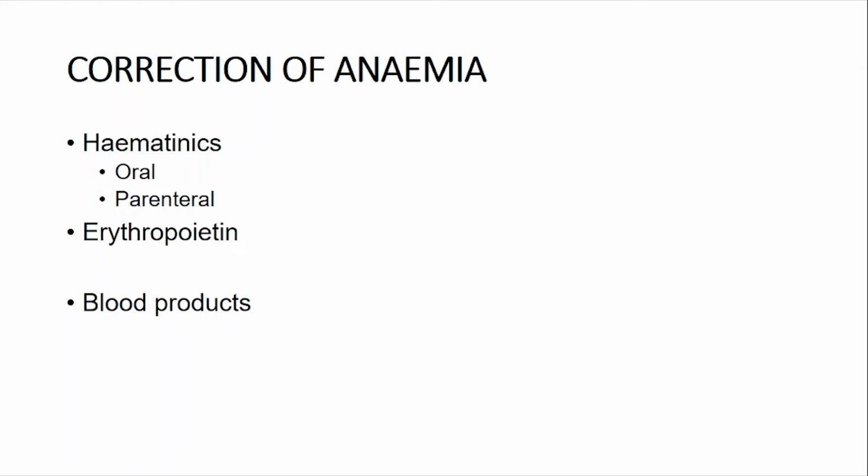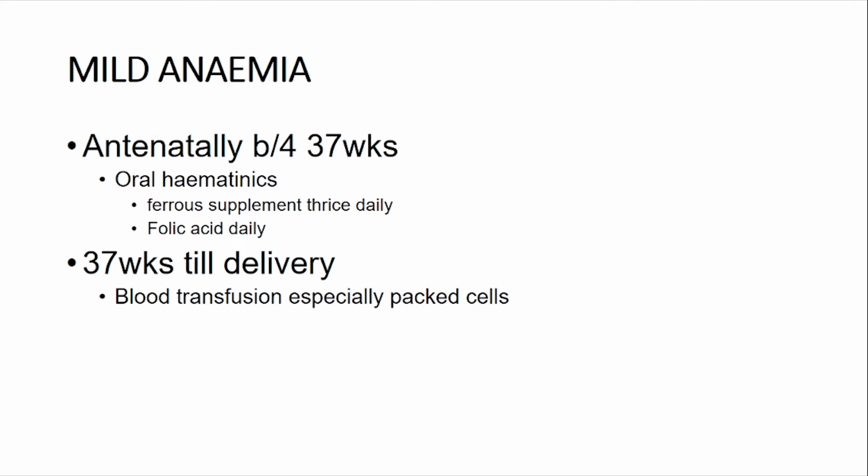Correction of anemia: we can correct anemia with the use of hematinics, erythropoietin, and blood products. The use of hematinics could be by oral or parenteral routes, which I will dilate on further. Before 37 weeks, mild anemia can be managed with oral hematinics, and this will involve the use of ferrous supplement thrice daily with an addition of folic acid.